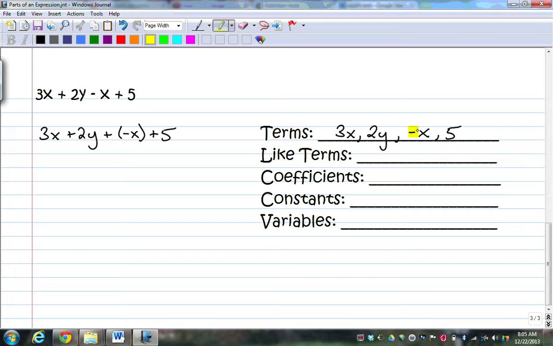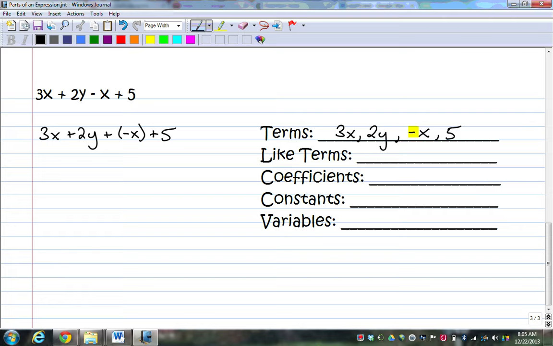This right here is what most students miss. They don't realize that that's actually a negative x, and they just write x. So if you remember that it's parts of an expression that are added together, you could change to all addition. You add the opposite, and then you'll remember.